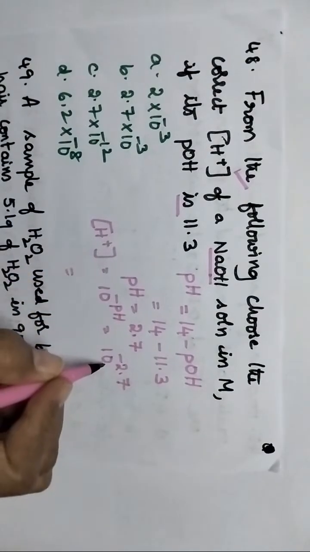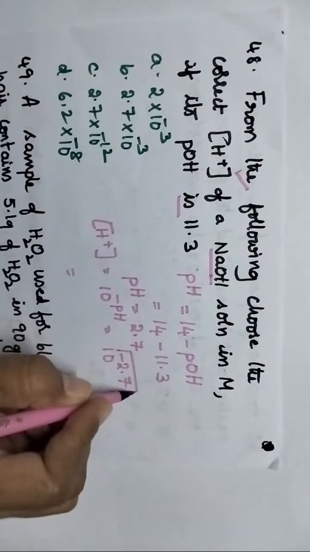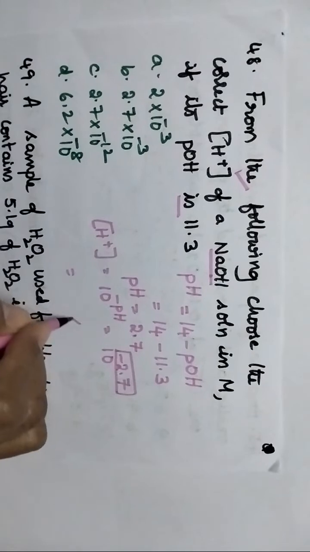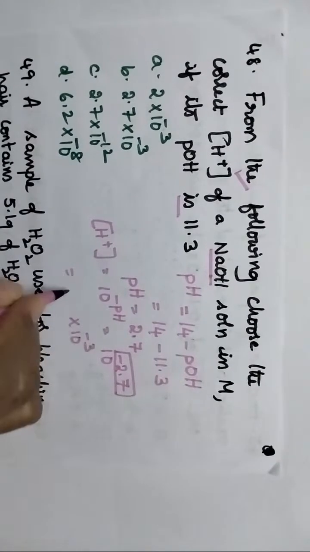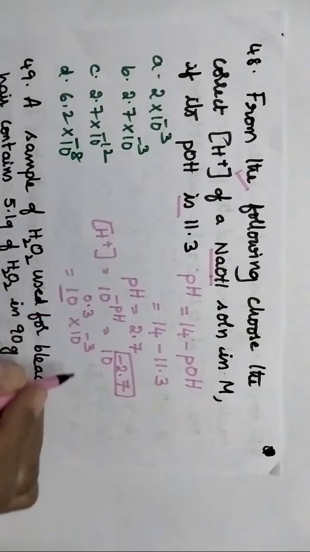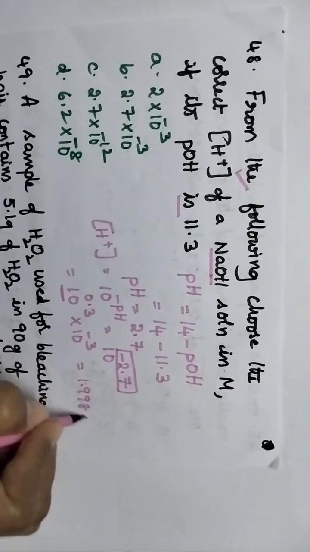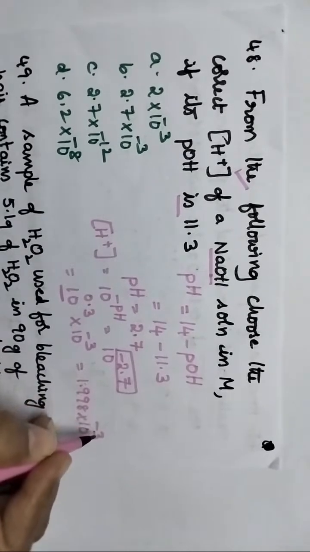We cannot calculate in negative values. So, minus 2.7 can be written as 10 power minus 3 into 10 power 0.3. So you just find the anti-log of 0.3. That may be around 1.998 into 10 power minus 3.